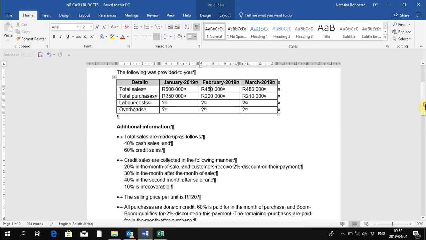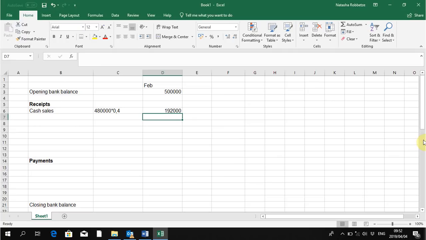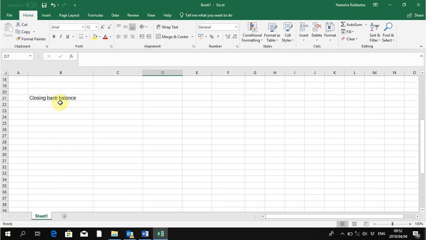Then the credit sales, they say, is 60% of the total sales, and they give you a sequence in which it is collected. So they say 20%, 30%, 40%, and then there are some bad debts. Please note that if it's paid for in the same month, you get a 2% discount. So I'm going to do my support calculation for this, and I'm going to call it a debtor collection. Here I need my credit sales, and I'm going to need the months of January and February.